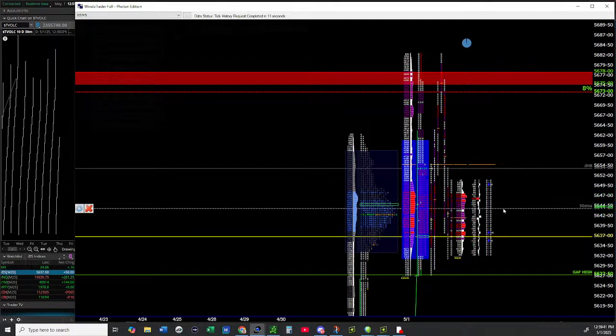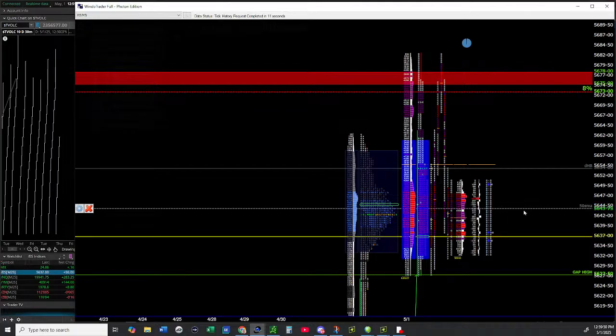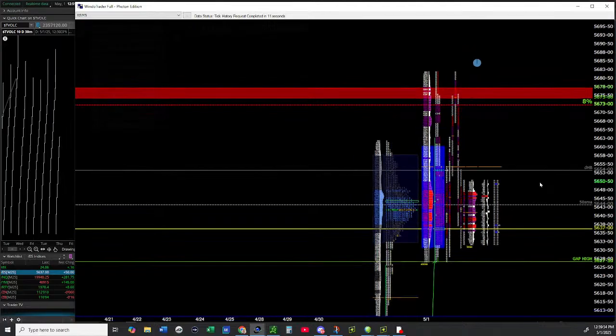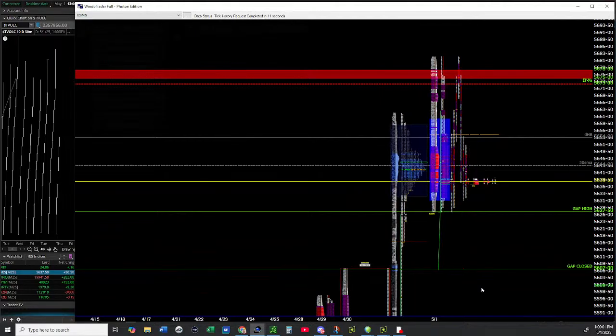This can be used as resistance now, this level here. And notice where the market is, back and forth. It won't be crazy to think that this range that we have to the upside, we can have to the downside. It doesn't have to happen.